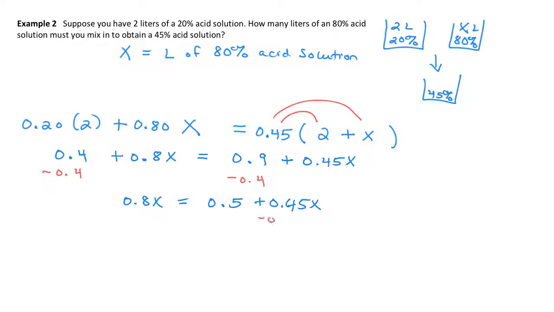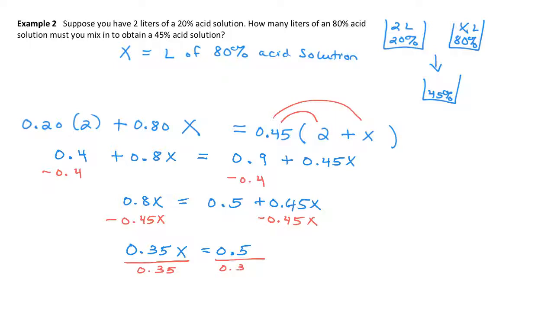I'll now subtract the 0.45x from both sides, and I get 0.35x is equal to 0.5. To get my final answer, the number of liters that I need to pour in to get my 45% acid solution, I'm going to divide both sides by the number in front of x, which is 0.35.